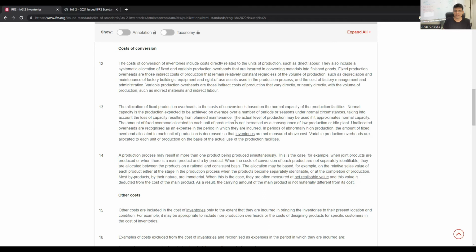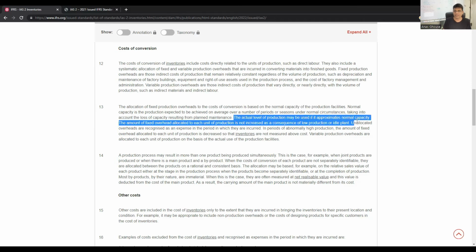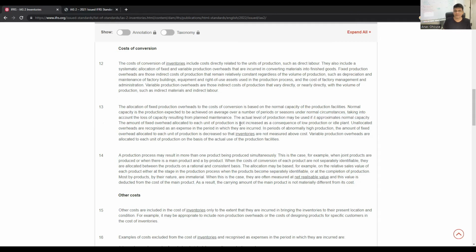Otherwise, the amount of fixed overhead allocated to each unit of production is not increased as a consequence of low production or idle plant. So when there is low production, the allocated cost should not be increased.